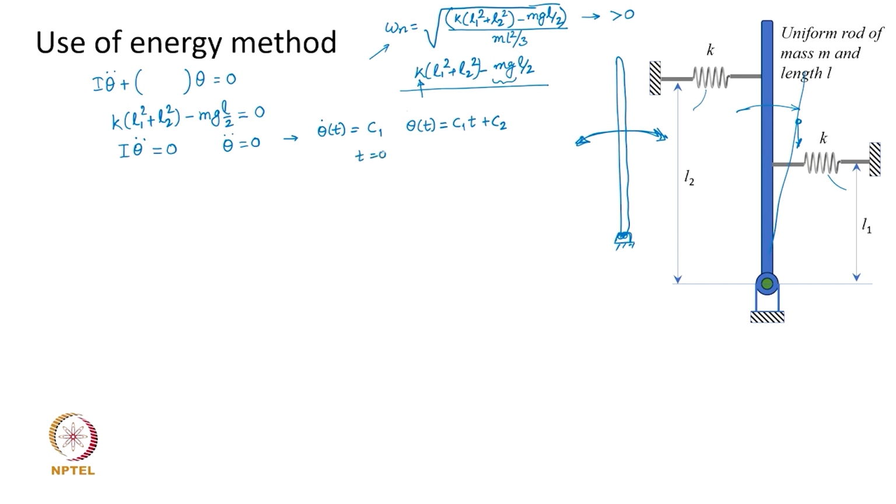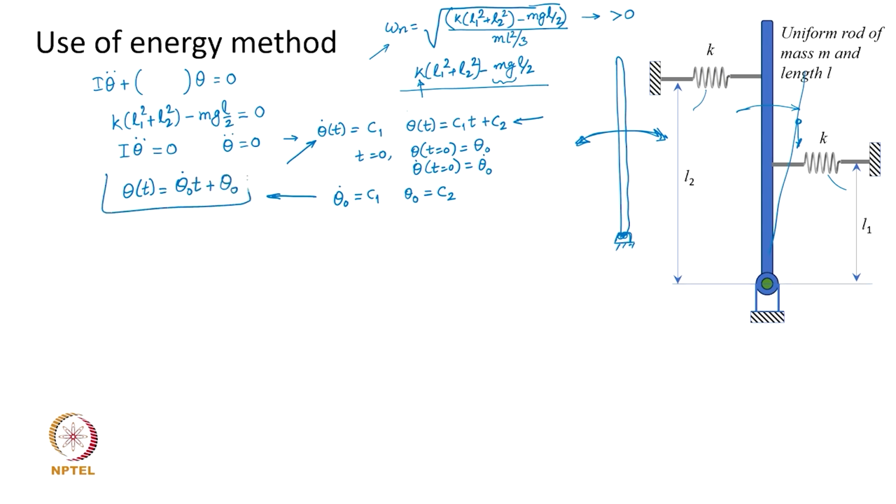At t equal to 0, the initial conditions are theta at t equal to 0 is theta naught, and theta dot at t equal to 0 is theta naught dot. Now, if you substitute these two initial conditions, theta naught dot is equal to C1, and from the second equation theta naught gives C2, which gives me the final expression of the response theta as a function of time: theta of t equal to theta naught dot t plus theta naught.